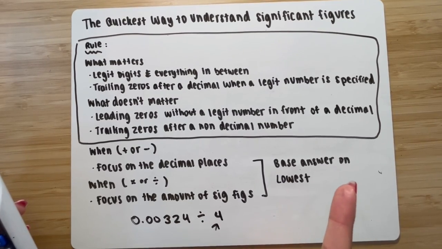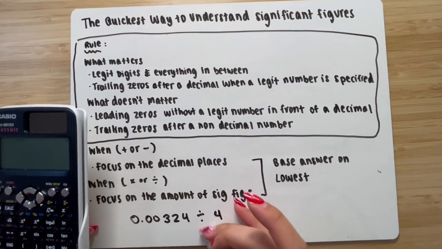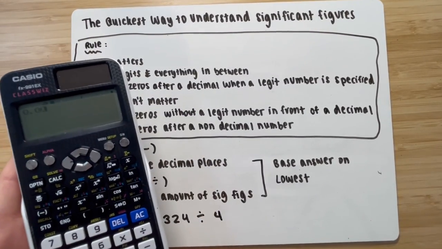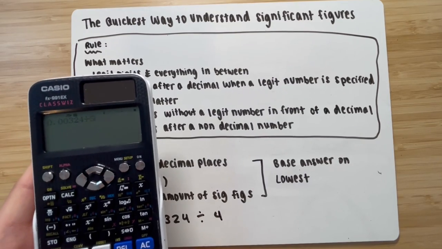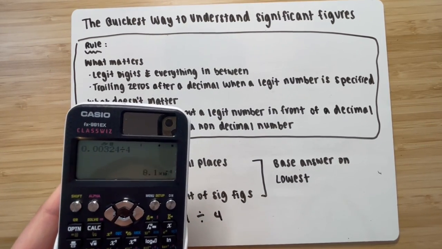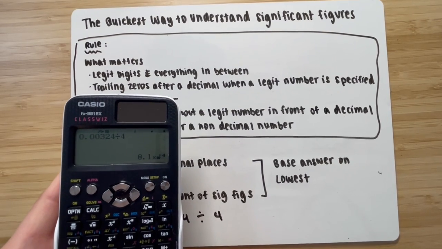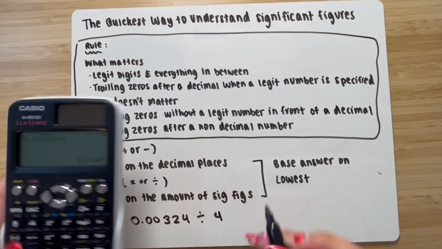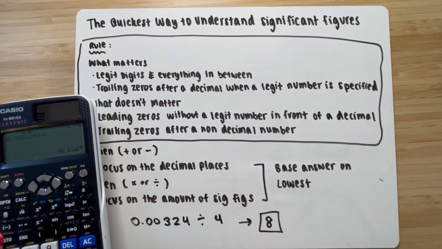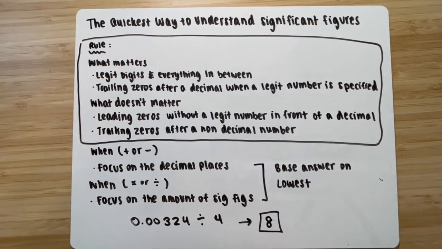Our answer will have 1 sig fig. And let me divide this. 0.00324 divided by 4. You have 8.1 times 10 to the -4. So you're going to have 8 as your answer. And that's it.